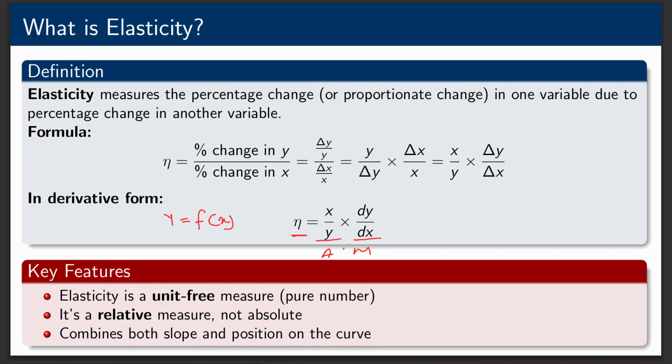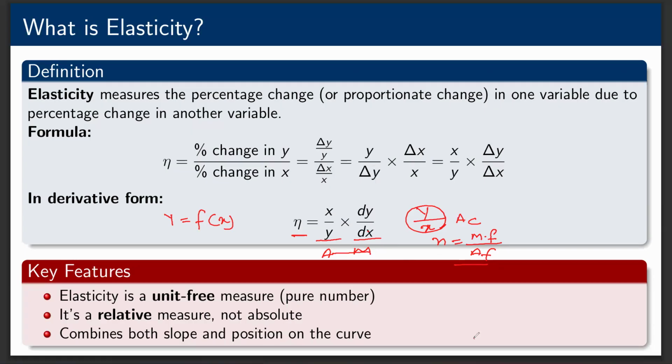How to get the average function? Given the function y, divided by the dependent variable used. This is studied as the average function. So what is elasticity? Nu equals marginal function divided by average function. Remember it like this, or remember by this formula. This is called the elasticity.